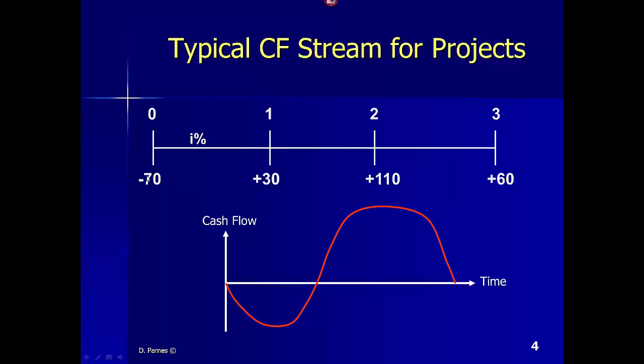You can write whatever you want here. Later on, you will start to receive cash flows. For example, in year number 1, you will receive $30. In year number 2, $110. But gradually, the project will decay and will end. So at year number 3, we expect a lower amount of cash inflows, $60.